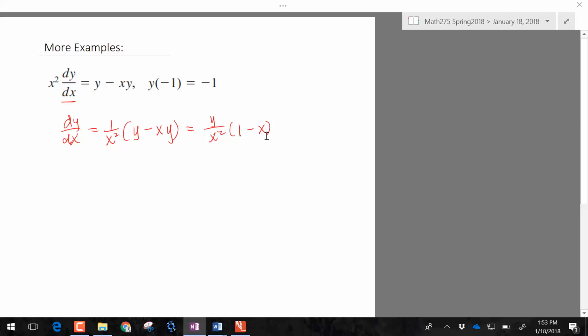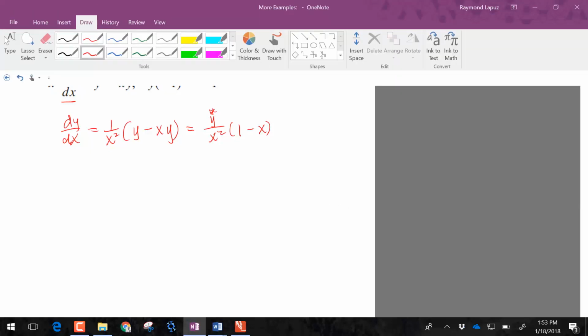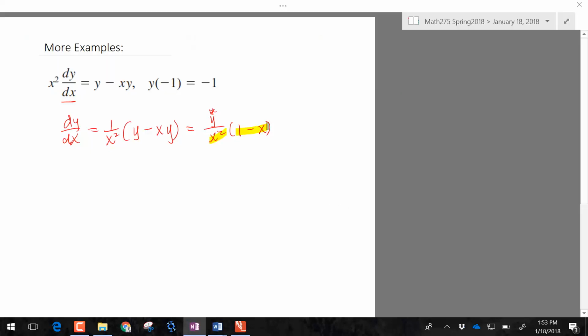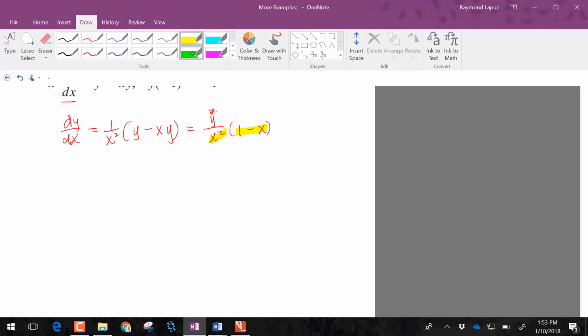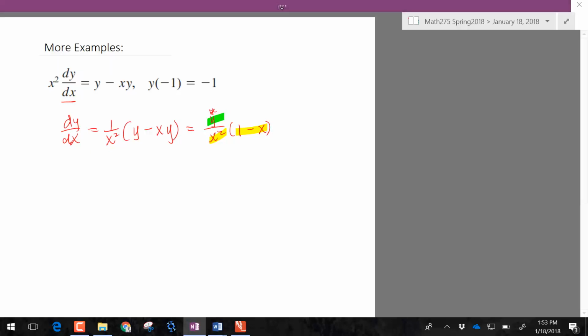All right, so you could decide what to keep and what to leave. It looks like there's a y over here. So it looks like I want to separate it.